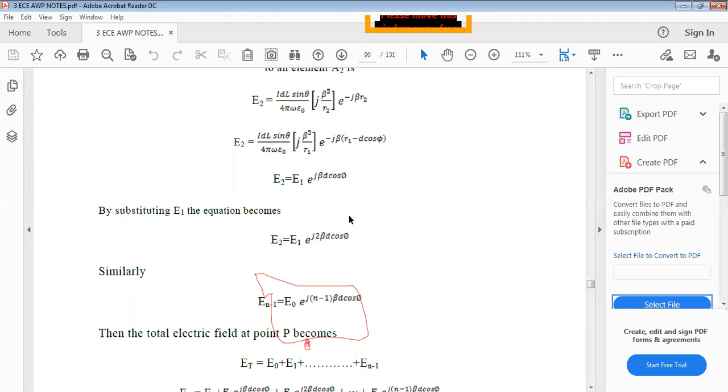No, but it looks like it. The same concept applies here. From the point of observation P, these lines seem to touch each other, but in practice they are not touching. They are always separated by the distance d cos phi: d1 cos phi, d2 cos phi, for each point source.